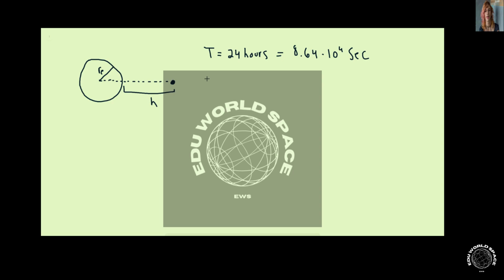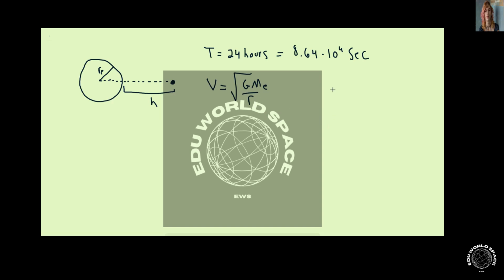To start, for a circular orbit, we know the velocity of the orbit should always be the square root of GM over r. M here would be the mass of the Earth, and r would be this total distance from the center of the Earth out to here, so r_E plus h in this case.